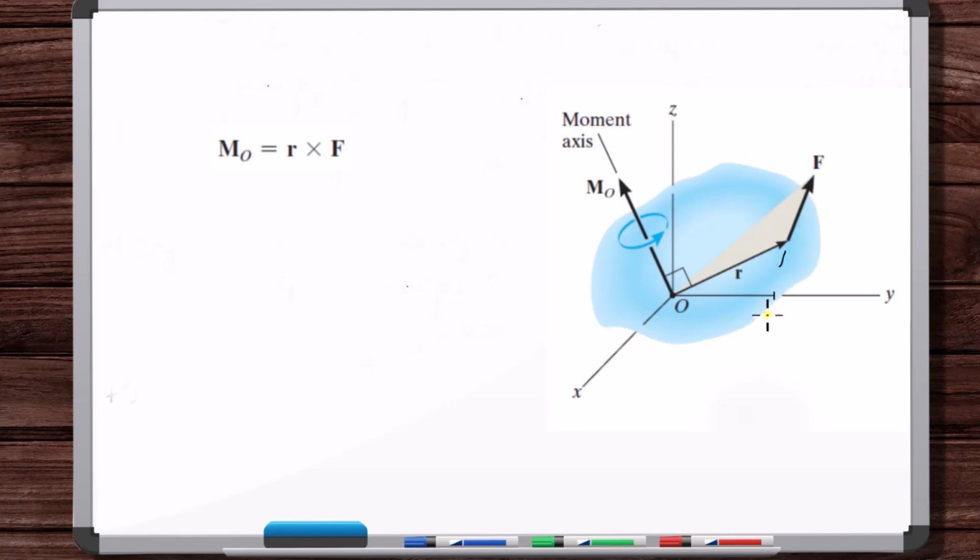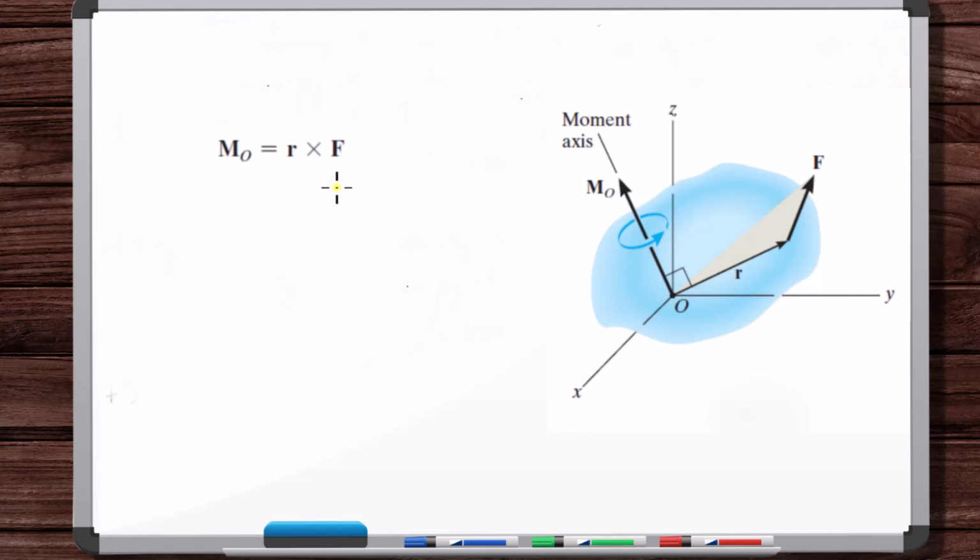So the position vector could be here, it could be here, it could be here. You pick any position vector you want from the point of interest to the line of action of the force. You take R cross F, and that's the moment of the force about that point.